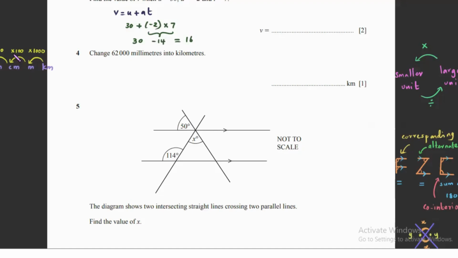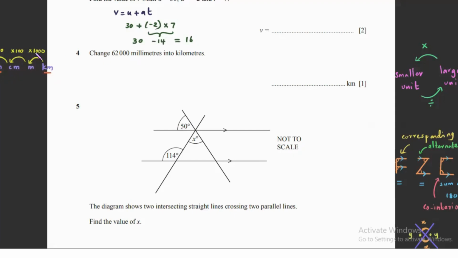For the unit conversions, when converting kilometers to meters, then to centimeters, and then to millimeters, I have written it on the side. If you are to convert millimeters to kilometers, you have millimeters here and kilometers here.